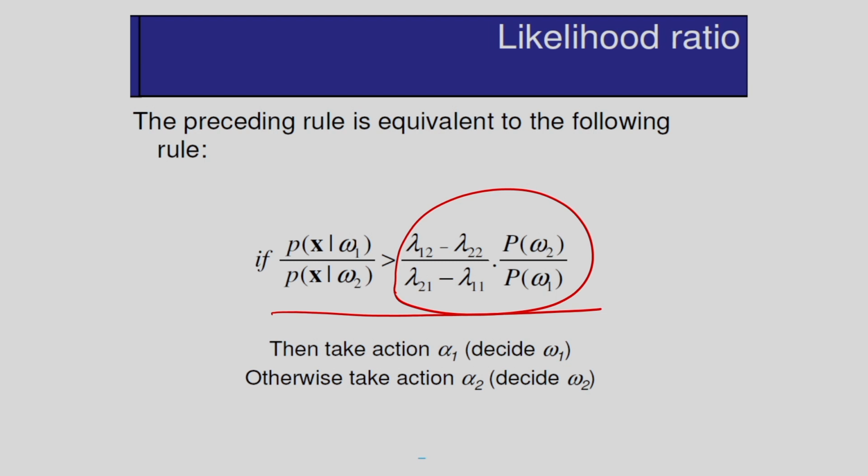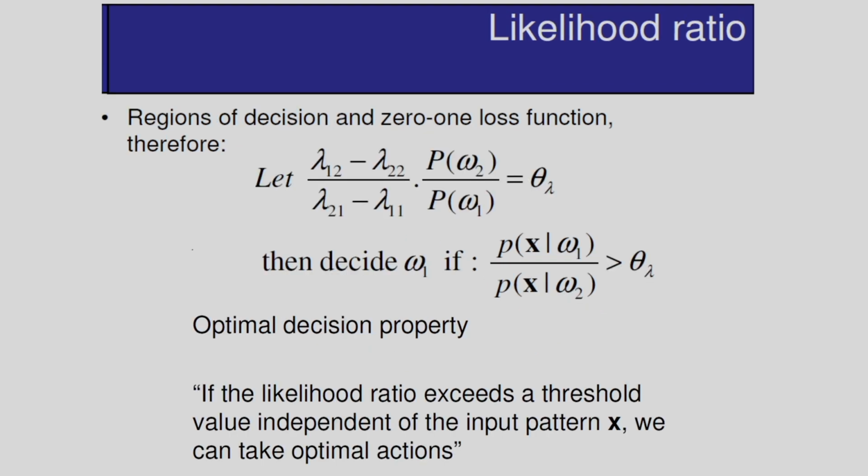We can select either W1 or W2, and we can also consider this ratio. This ratio is called the likelihood ratio. From the previous slide, suppose this is equal to theta k. If the likelihood ratio is greater than this threshold, theta k, then based on this we can take a classification decision.